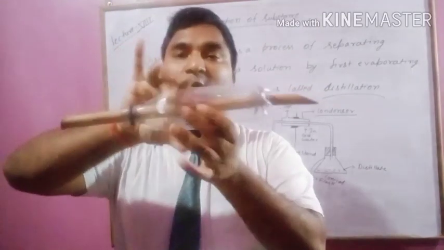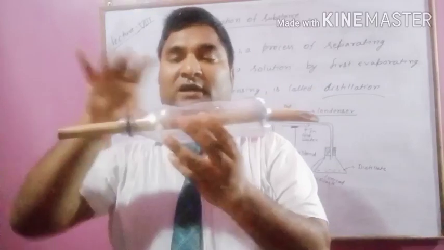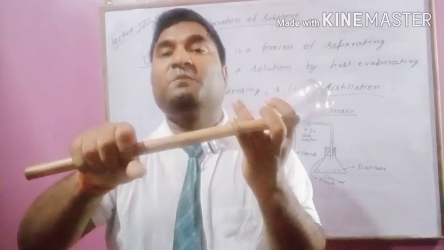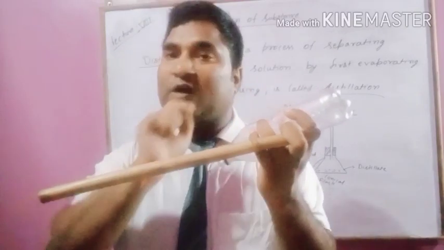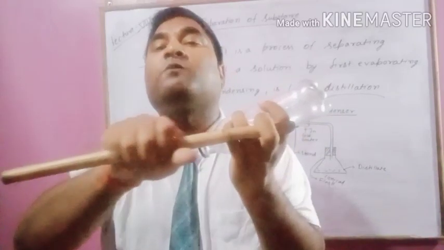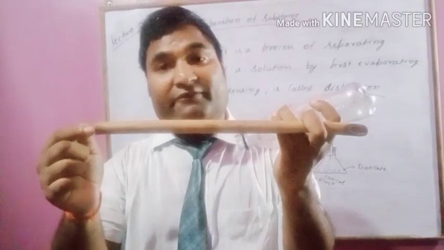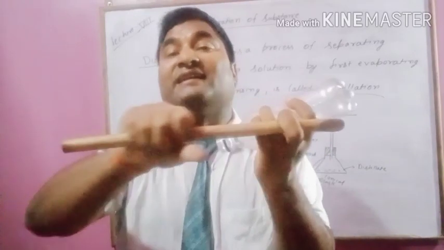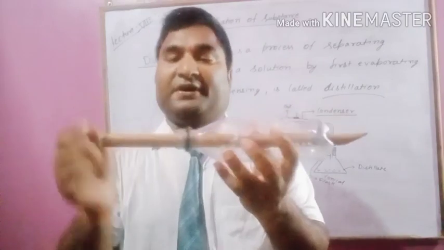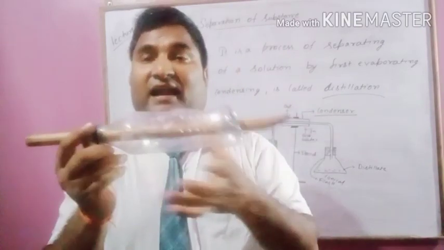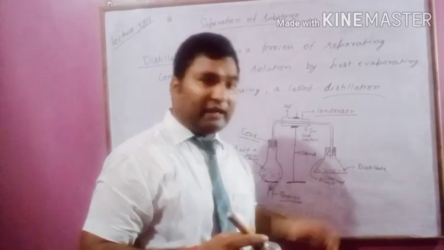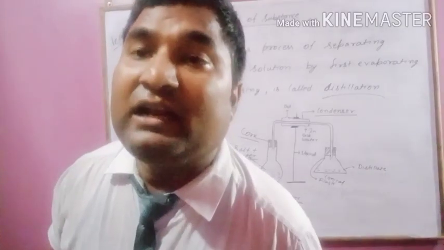When cold water goes in the outer tube, the surface of the inner tube will be in contact with the cold water, and so the tube becomes cold. Inside there is vapor, but outside it is cold, and due to the cold this vapor gets condensed, and after condensing, it slowly gets collected into this conical flask.